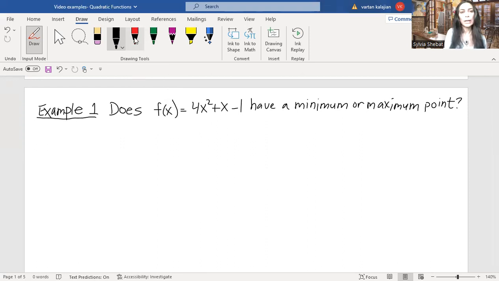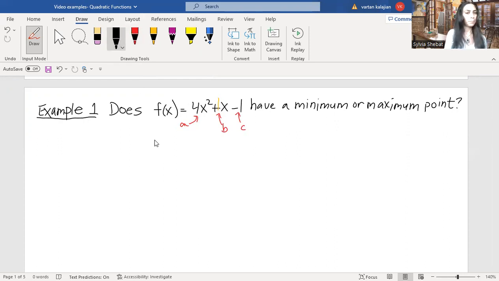So when I look at this, I notice that there's no number here. So when there's no number in front of the variable, it's assumed to be 1. And so in this case, the 4 would be the a, the 1 would be the b, and the -1 would be the c.